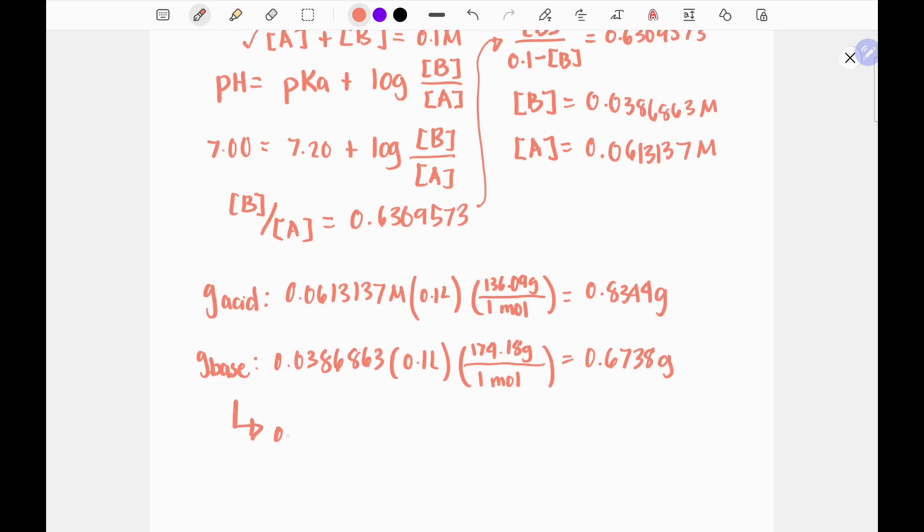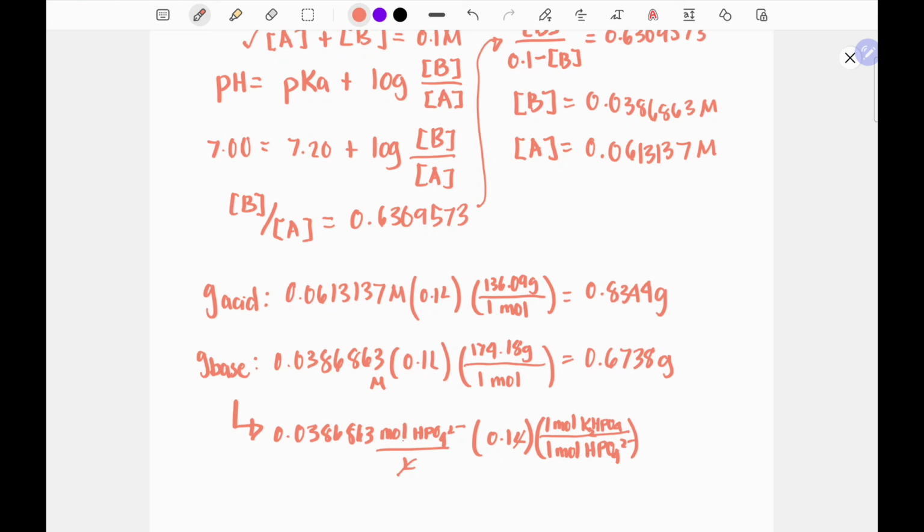This is 0.0386863 moles of HPO4 2 minus per liter times 0.1 liter, the final volume, cancel out. We're left with moles. There's 1 mole of HPO4 2 minus for 1 mole of K2HPO4.